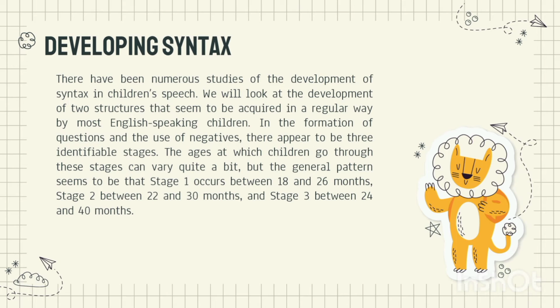The age at which children go through these stages can vary quite a bit, but the general pattern seems to be that stage 1 occurs between 18 and 26 months, stage 2 between 22 and 30 months, and stage 3 between 24 and 40 months.